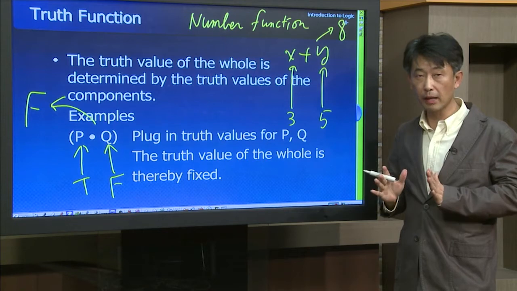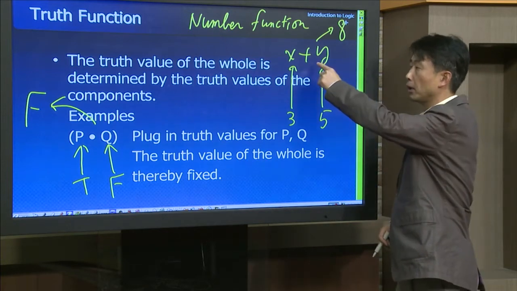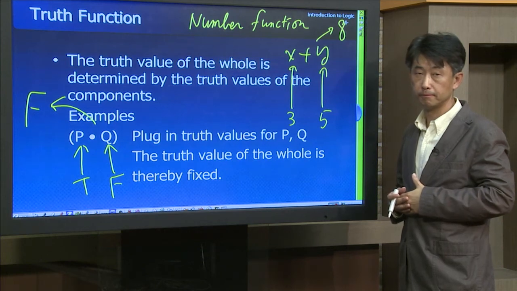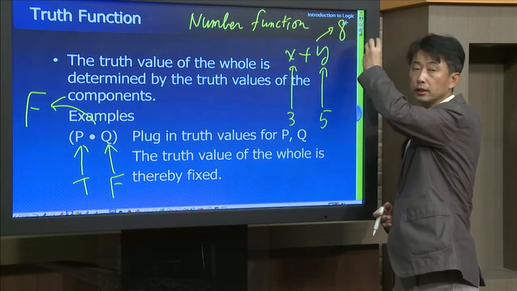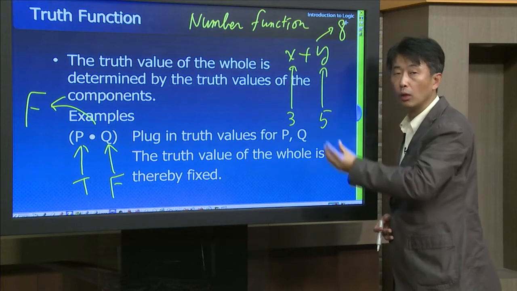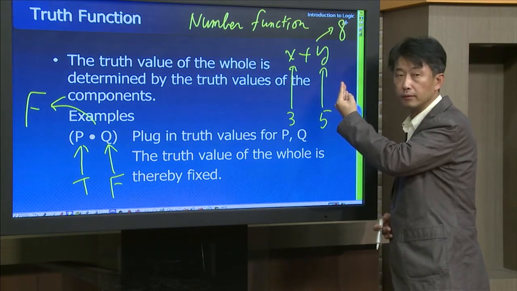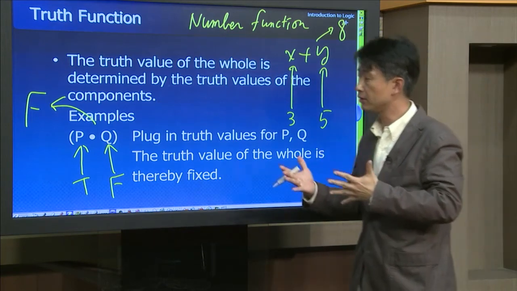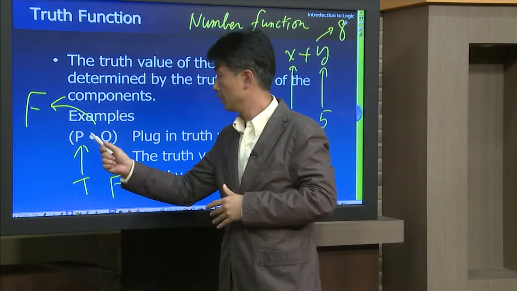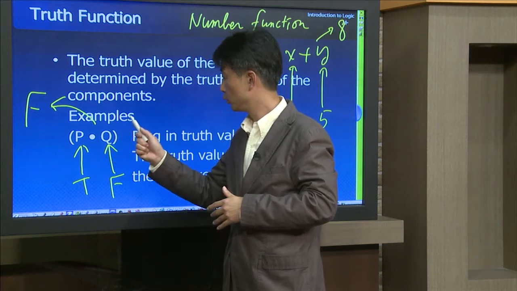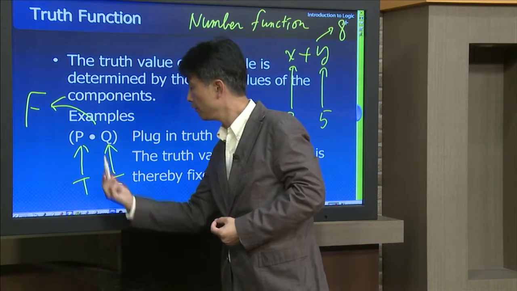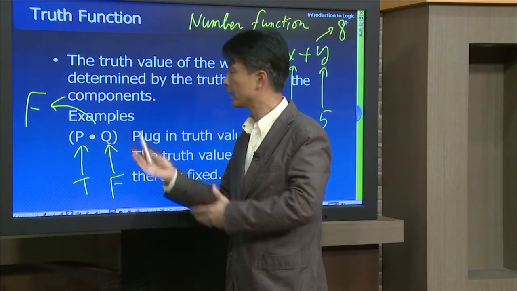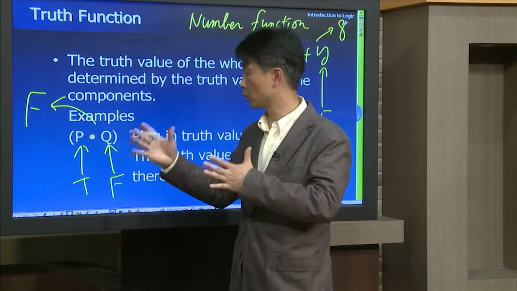When this happens, we say plus is a numerical function. What comes out is fixed by what goes in. So x plus y is called a numerical function. The same thing is happening here with P dot Q. If you plug in truth values for P and Q, what comes out is thereby fixed. So it's called a truth function.